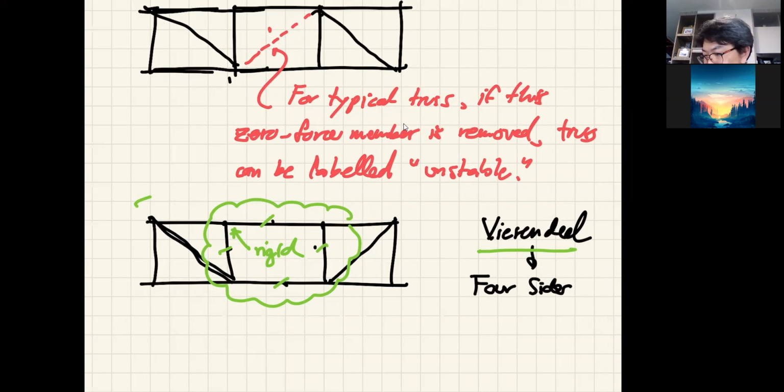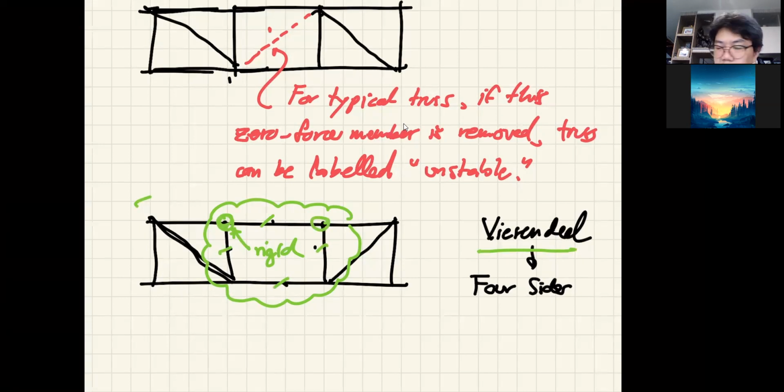You must design this structure such that this joint must be a rigid joint. And when you have a rigid joint, that is a frame. So it is possible to have the truss without the members, and have a rectangle as part of your truss, but it is no longer a truss.